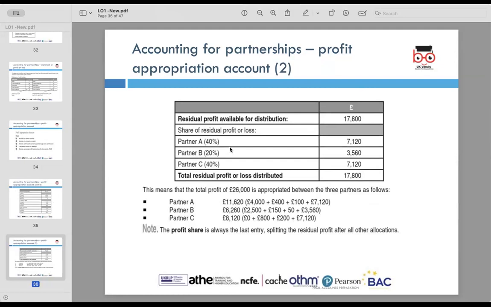And then the next receives 33,560, and then C receives 40%, which is 7,120 pounds. So the profit share is always the last entry, splitting the residual profit after all other allocations.